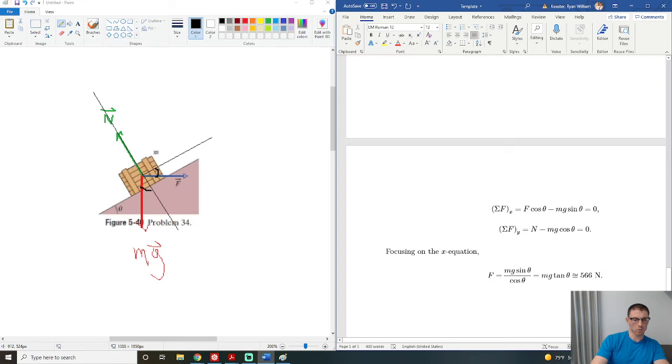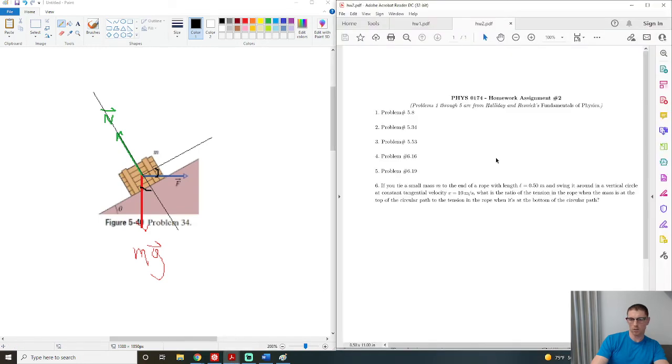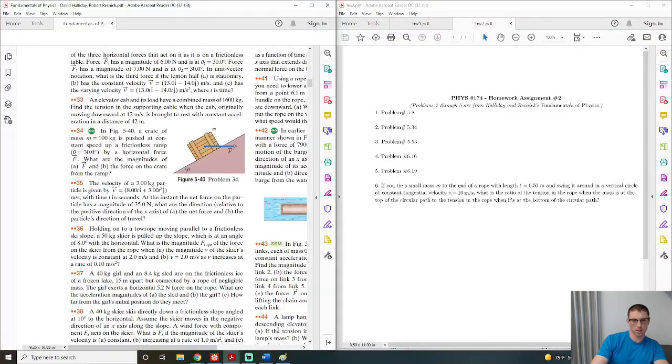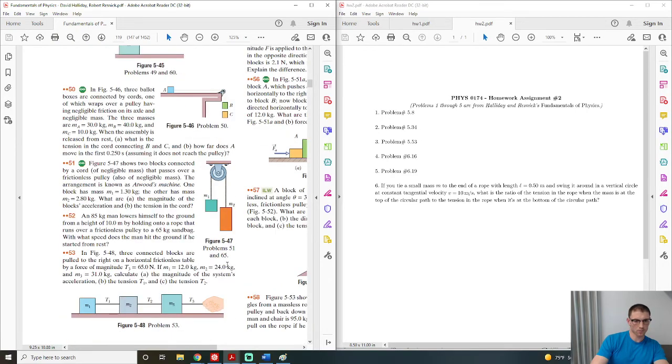I think we have time for at least one more. All right, not seeing any questions, so let's look at the next one. That was 5.53. Let's see what we got here. Oh, this would be a good one, because this is sort of a Newton's third law thing, in the sense that the tension is the same at all points along each rope.